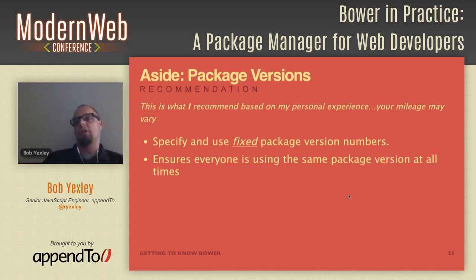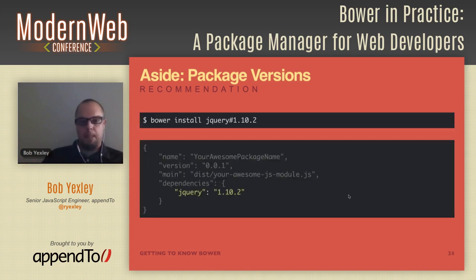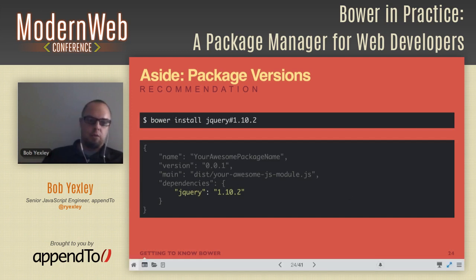This will ensure that everyone that runs bower install after that initial configuration is always going to get the same version of all the packages, and you won't have these slightly off differences that could come back and bite you. So hopefully that was clear and helpful. It was for us.